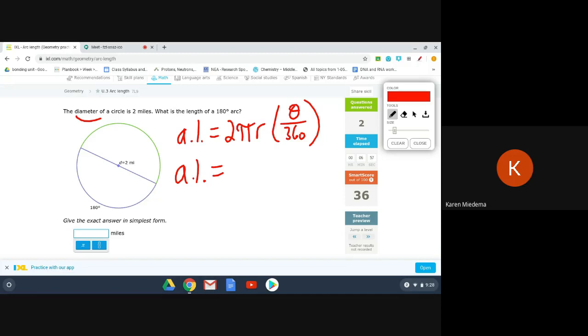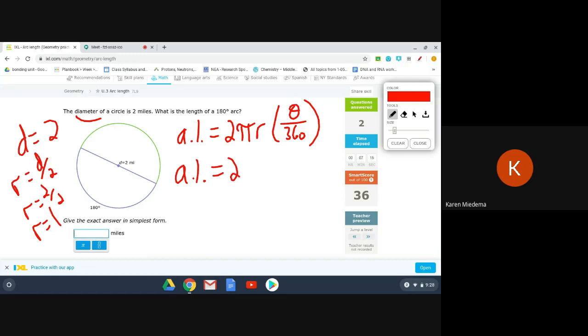So we've done this several times. If the diameter is 2, the radius equals the diameter divided by 2, and 2 divided by 2 is 1. The radius is half the diameter.